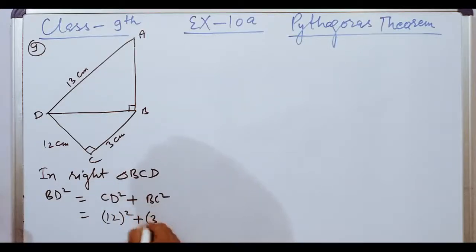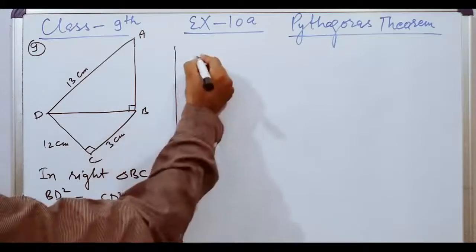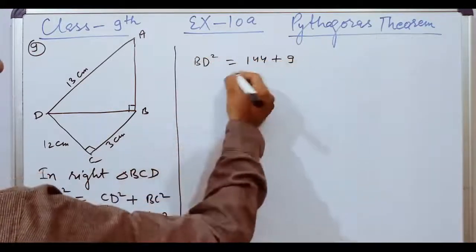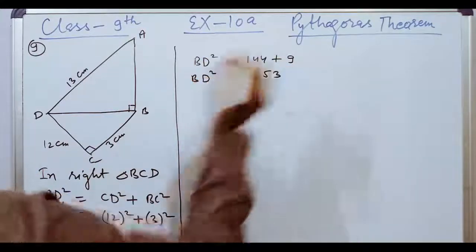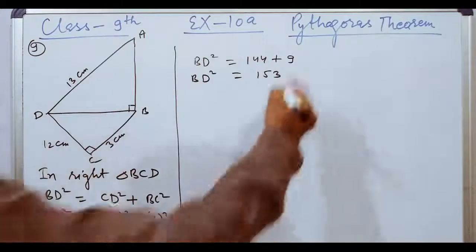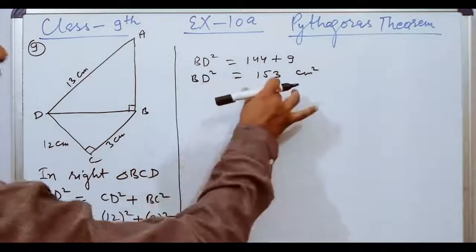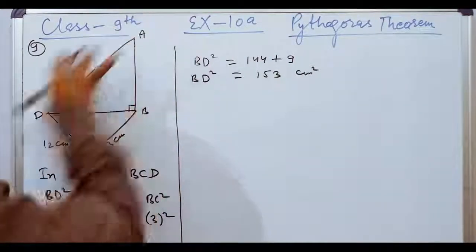BC square means 3 square. So BD square equal to 144 plus 9, it is 153. We'll leave it here. It is centimeter square, BD square, because we will not find decimal. Why? Because we will need BD square in this triangle.